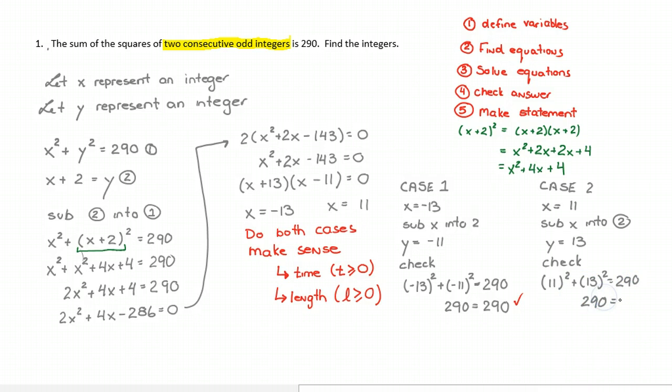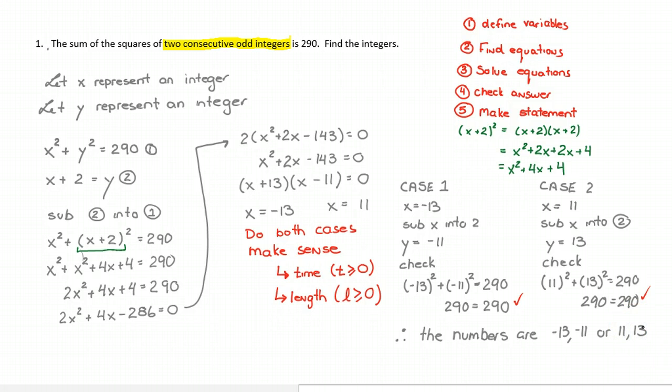And with a little bit of math, we can show that 290 is equal to 290. And that means that's valid too. So now you can say, therefore, the numbers are negative 13, negative 11, or 11 and 13.